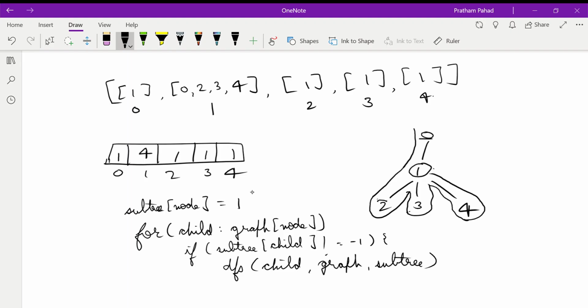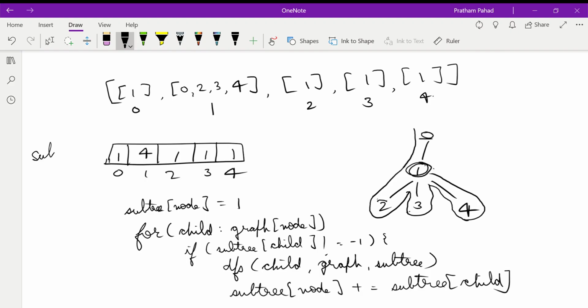After coming back, add in your parent: subtree of node plus equals subtree of child. Right? So this is how the parent will come to know all about its subtrees. Okay, so now our subtree is completed.